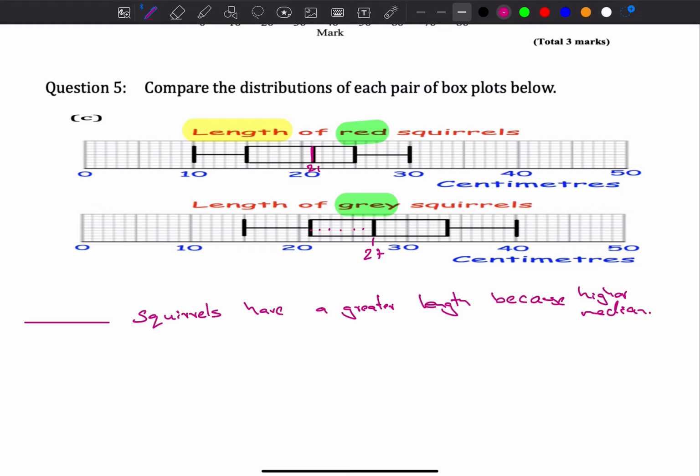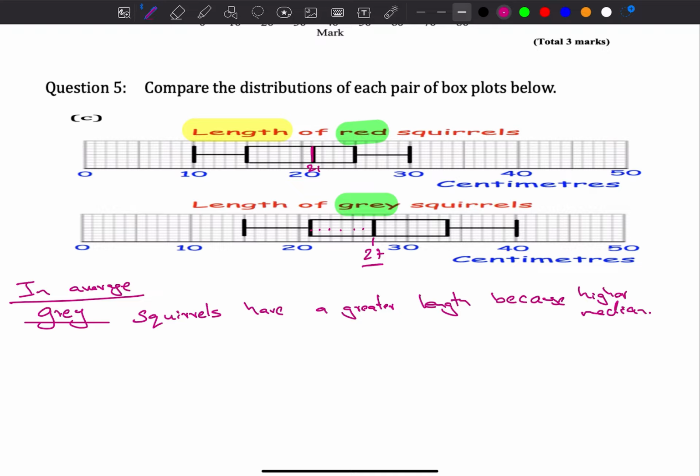Okay, so who has a greater length? This one, 27 compared to 21, so that's gray squirrels. You could say, in average, gray squirrels have a greater length because they have a higher median.